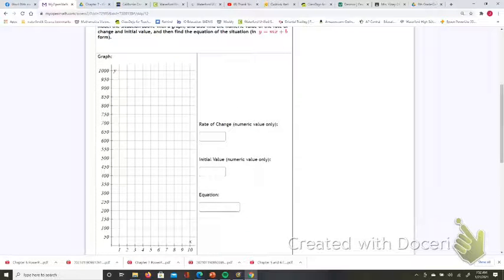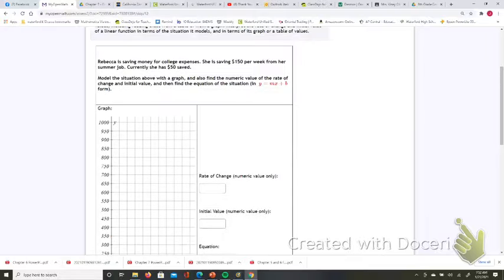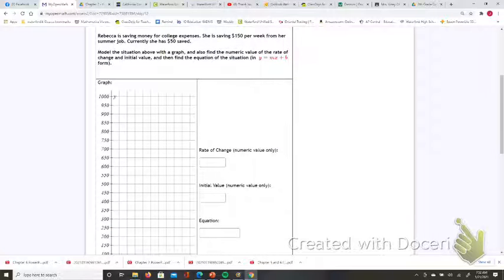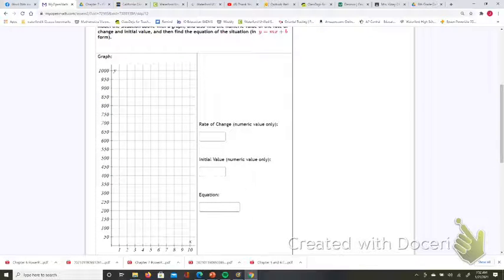So we have to put a dot at 50. How much is she saving every week? She's saving $150. So we have to start at 50, and then we have to go up 150. So we've got to count by 50s. 50, 100, 150, and then over 1 week.